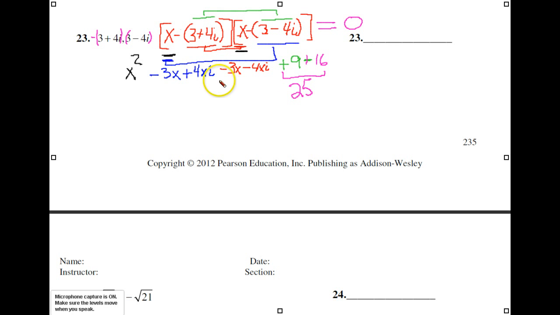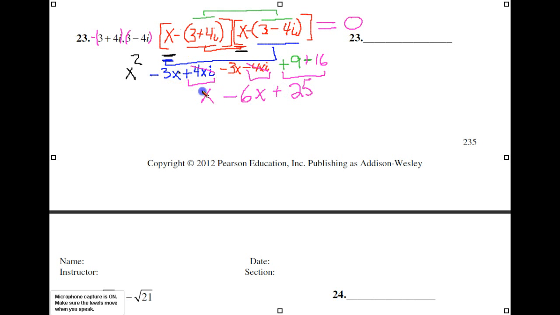Now notice what happens. This term and this term are going to cancel out. They subtract out. So we have here a negative 3x and a negative 3x. That adds up to a negative 6x.